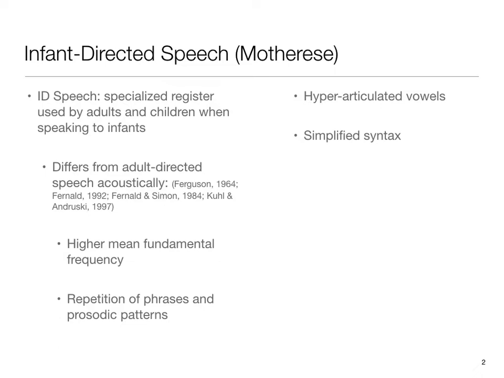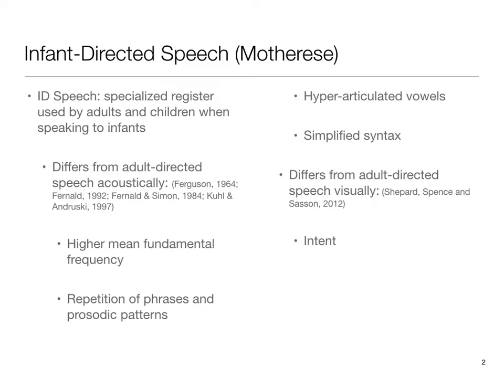The sentence structures are shorter. They're easier for infants to understand as opposed to adult-directed speech. We've also recently started to look at how infant-directed speech looks visually. So this is just videos of people engaging in infant-directed speech. And what they found is that adults could categorize what the adults were trying to say to infants with just the face alone.